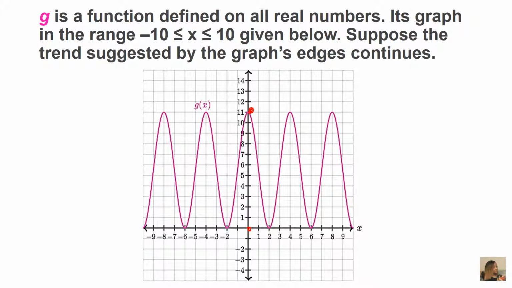Therefore, g of 0 equals 11. The functions f and g have the same y-intercept. So this is a correct answer choice.